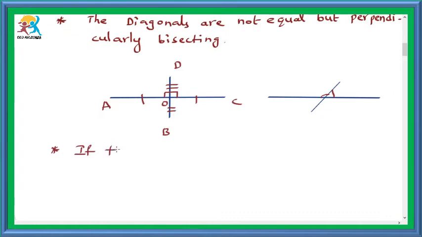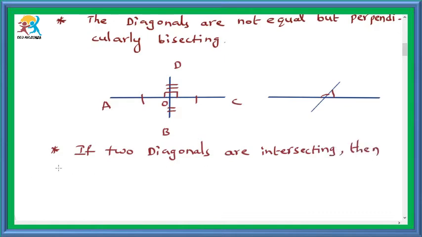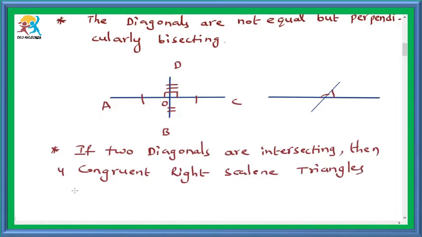If two diagonals are intersecting, then 4 congruent right scalene triangles are formed.